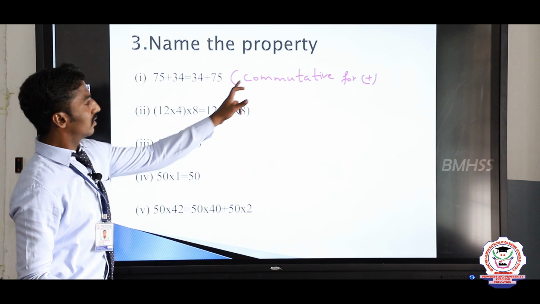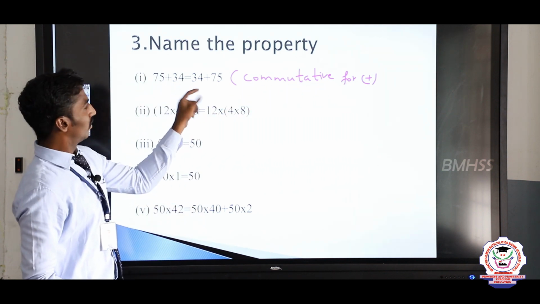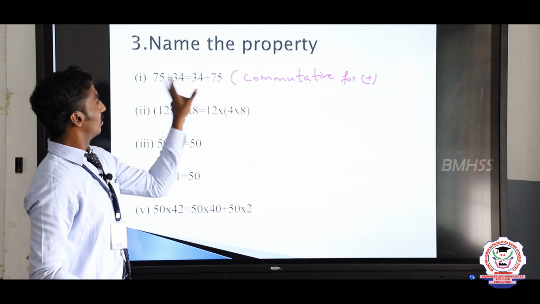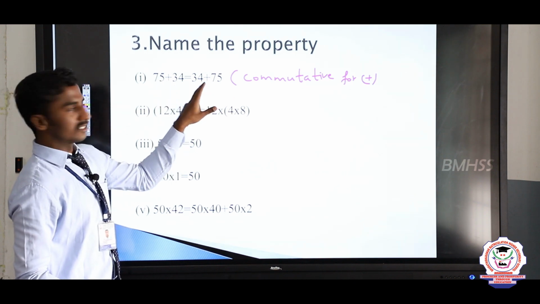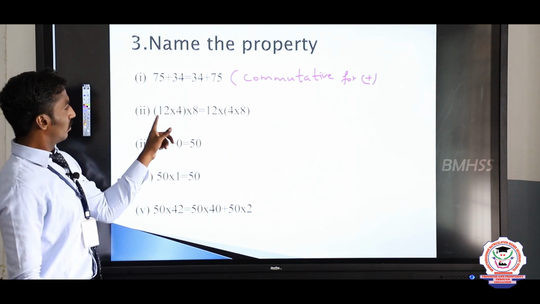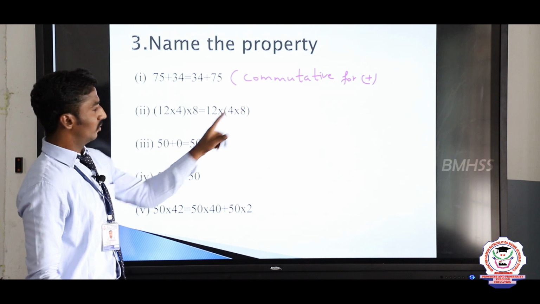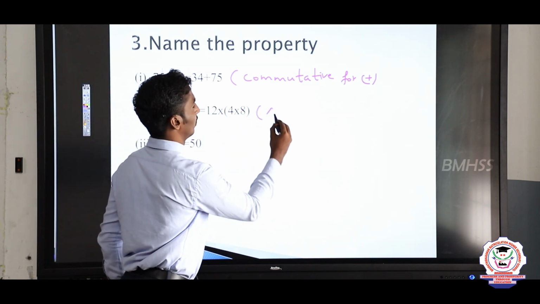This property name is commutative property for addition. The numbers are interchanged, we get the same value only. So commutative property for addition. Next one, 12 into 4 into 8 equal to 12 into 4 into 8, grouped differently. This is associative property.